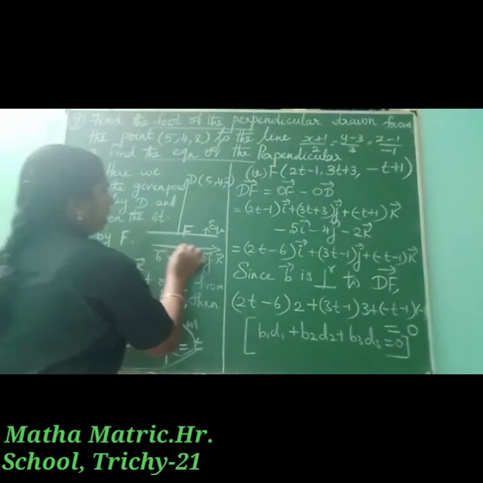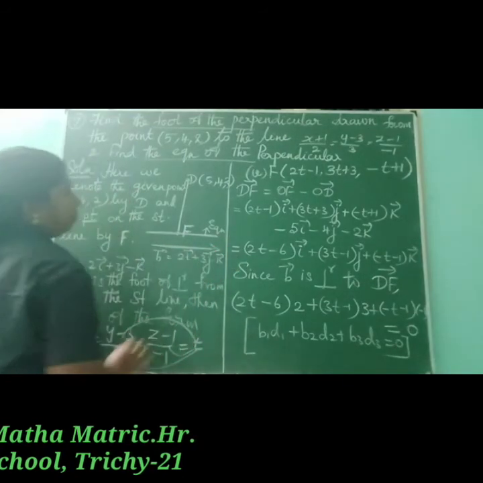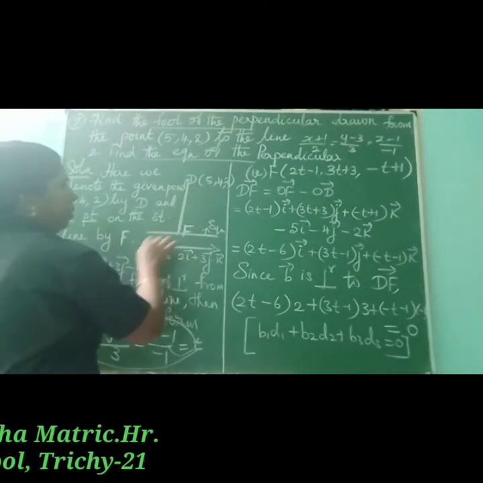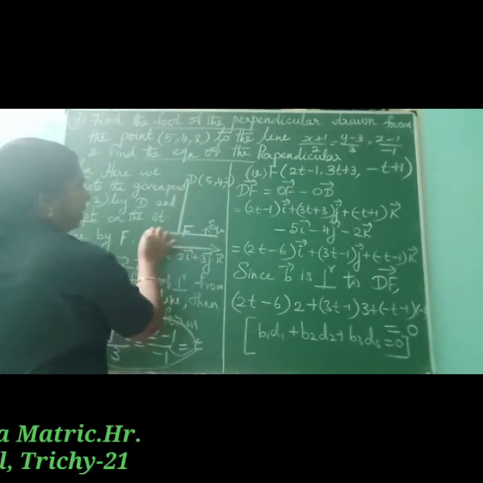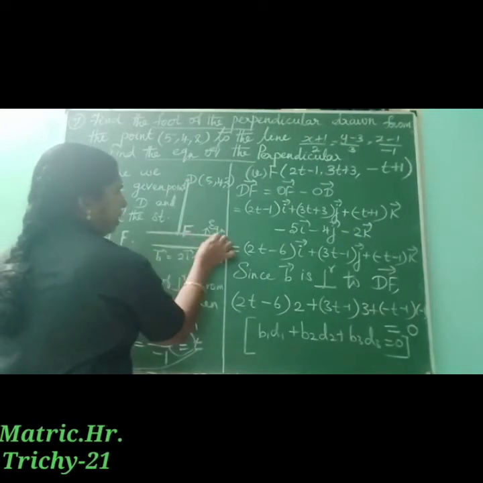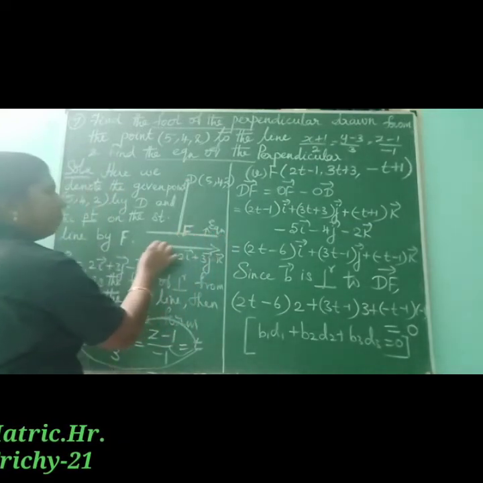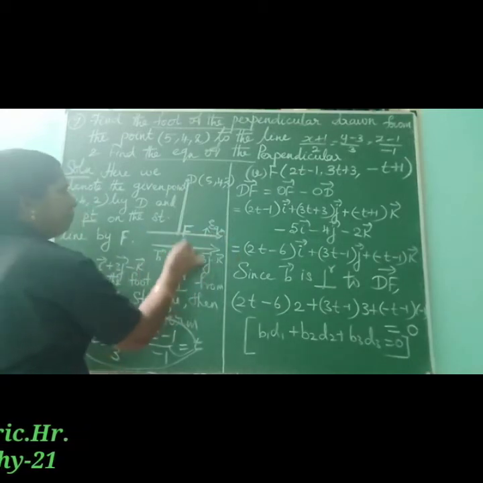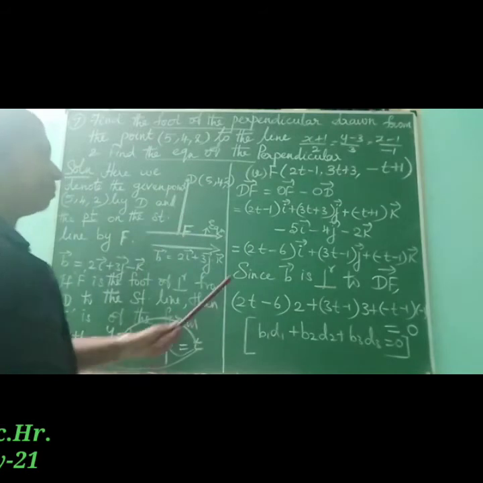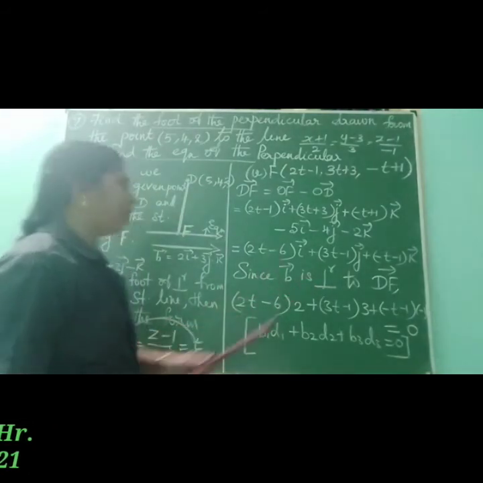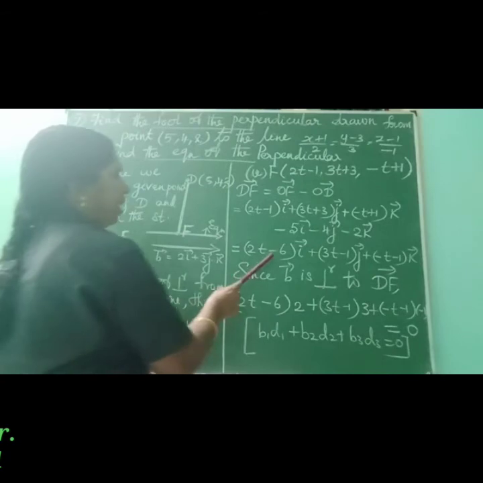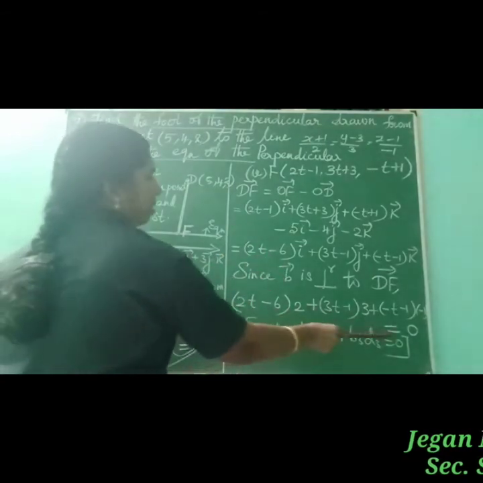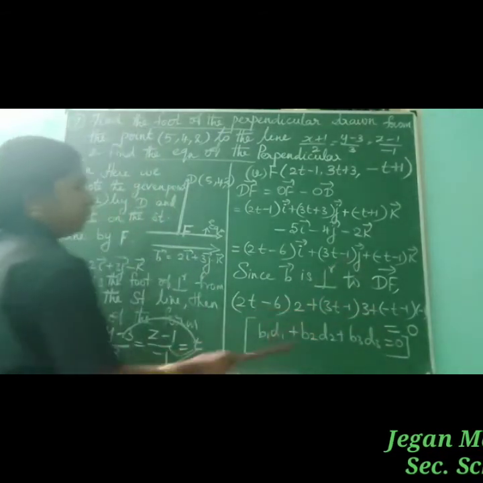Now the vector b is perpendicular to DF. These two lines are perpendicular. Already the equation of this line is given, and from that we are taking one line which is parallel to this given straight line. So b is perpendicular to DF. If two lines are perpendicular, the sum of the products of the coefficients must be equal to 0.